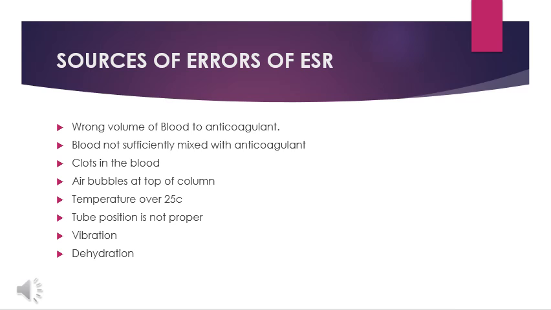If there are clots in the blood, air bubbles at the top of the column, temperature over 25 degrees C, or the tube is not properly placed in a vertical position, then there will be errors in the results.